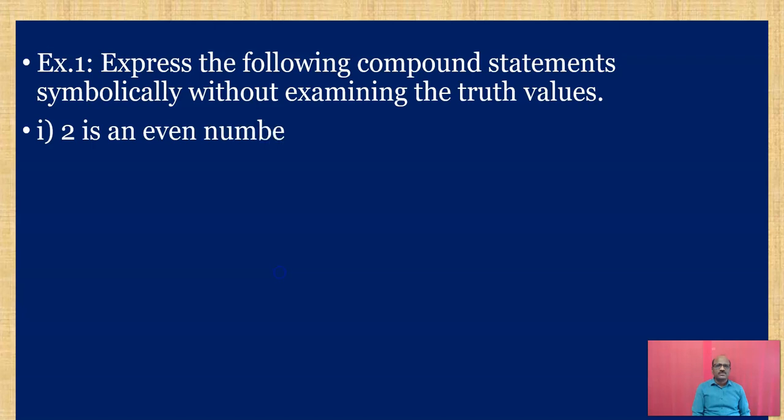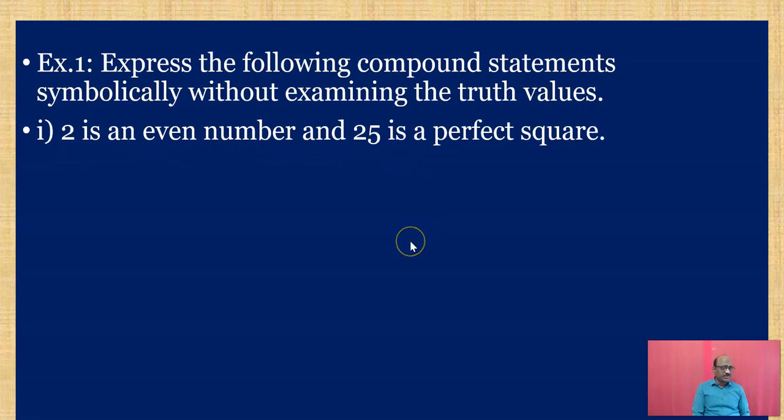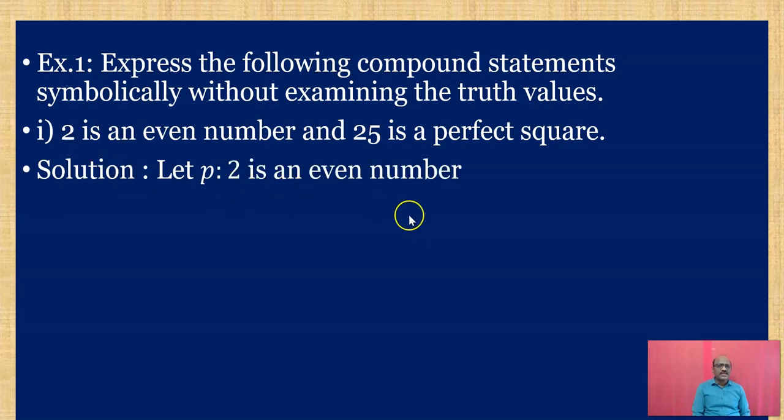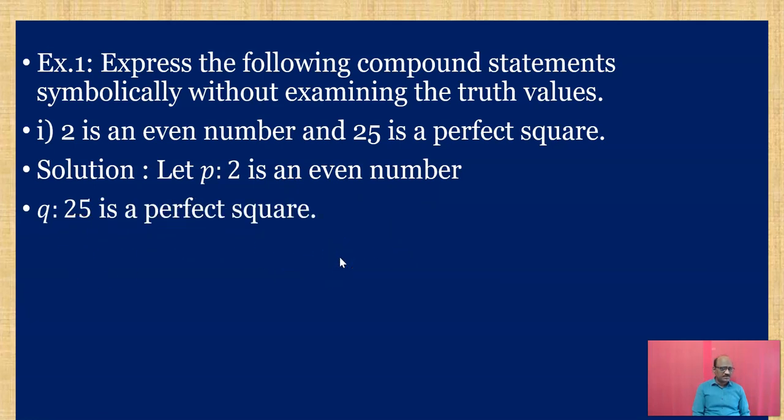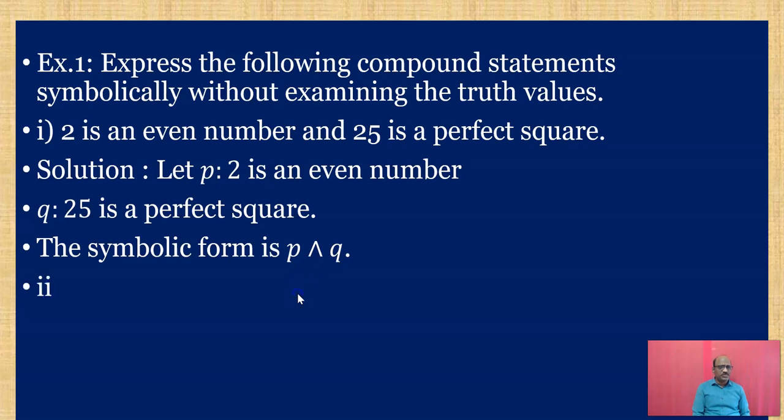First, 2 is an even number and 25 is a perfect square. Now we can write here, let P be 2 is an even number, and Q be 25 is a perfect square. Therefore, the symbolic form is P and Q.